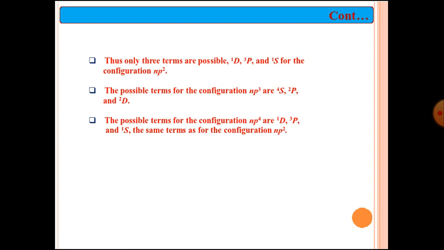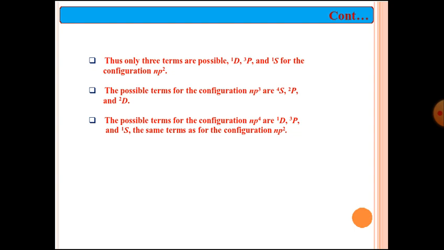Thus only 3 terms are possible: 1D, 3P and 1S for the configuration np square. The possible terms for the configuration np cube are 4S, 2P and 2D.